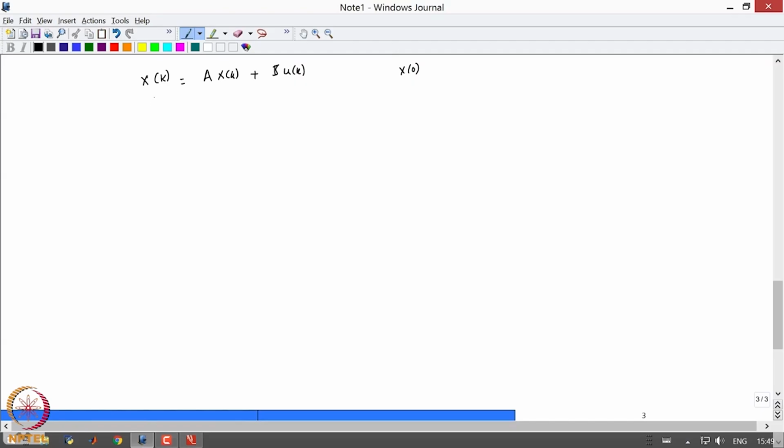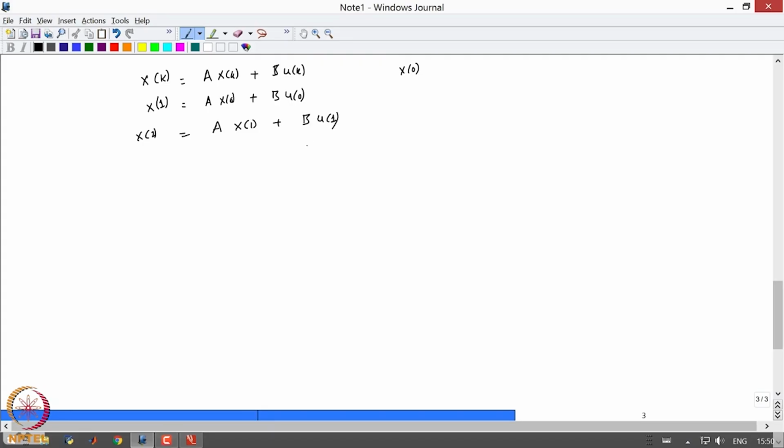Okay. Given x naught, how can I find x1? x1 is A x naught plus B u naught. Okay. Similarly, x2 is A x1 plus B u1.